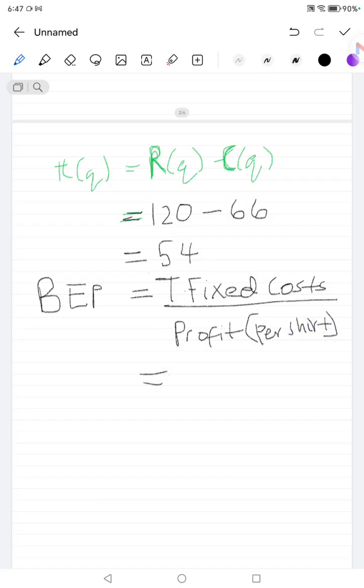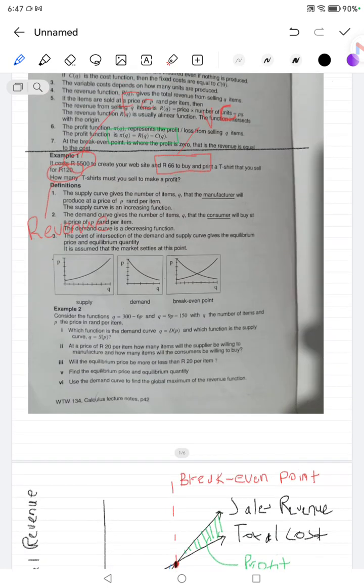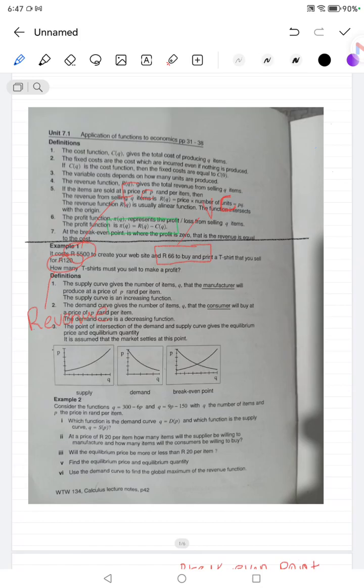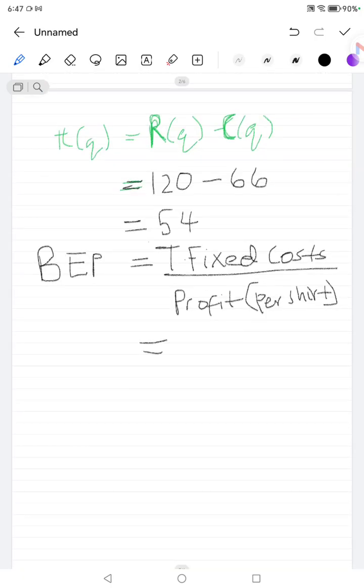So what would be your fixed cost? We've already said that it's going to be your 5,500, because these are the costs that this business will get even if nothing is produced. So it means you have that 5,500 divided by the profit. The profit we've already calculated, which is 54.